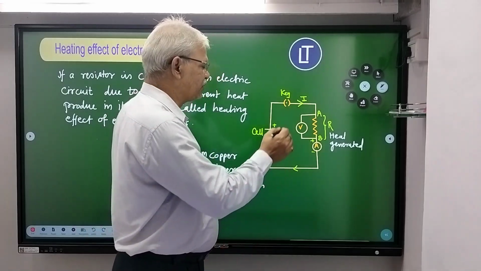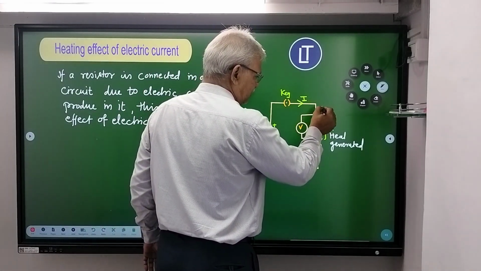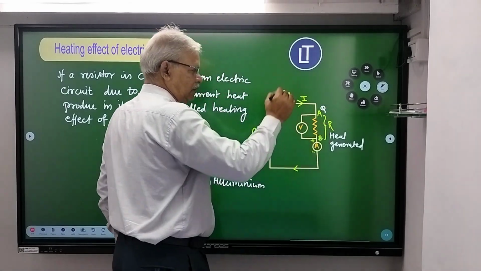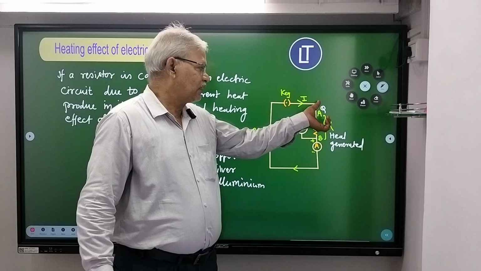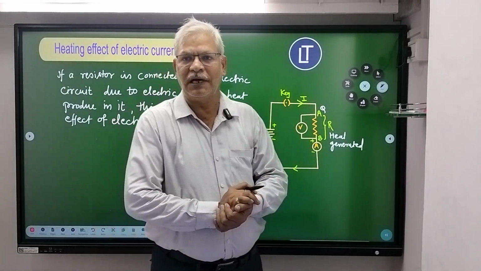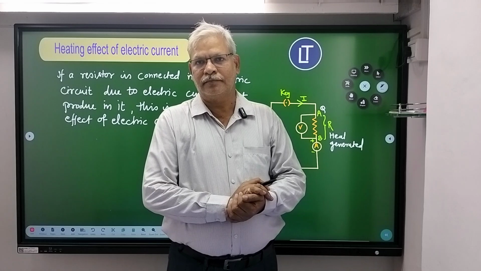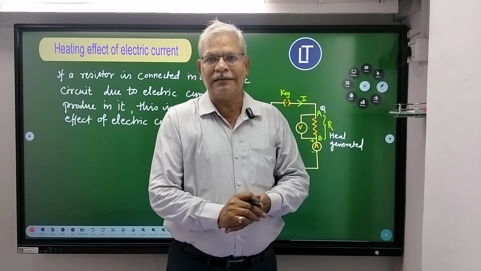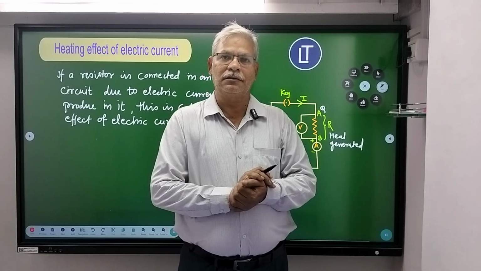Suppose Q charge is flowing from point A to B. Then it may collide with the atoms and molecules of the conductor, and that depends upon the resistivity of the conductor.